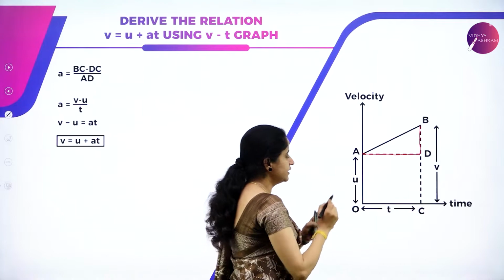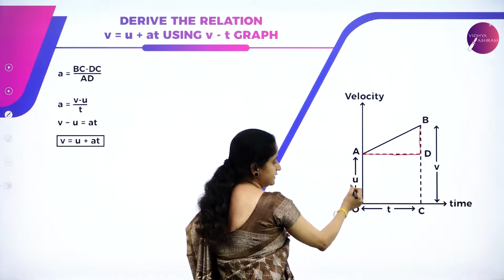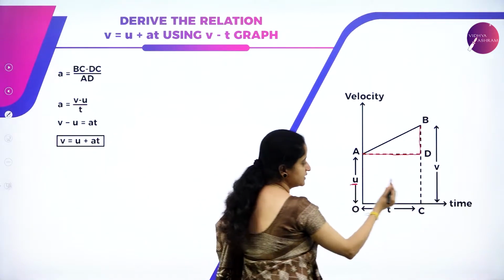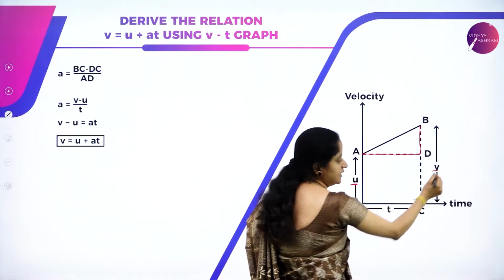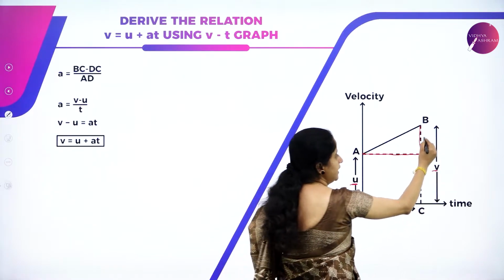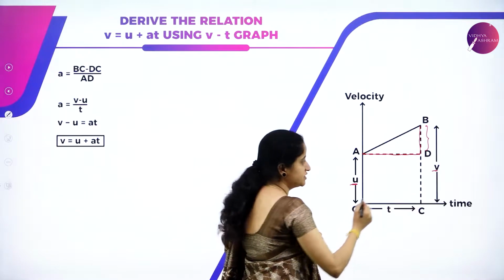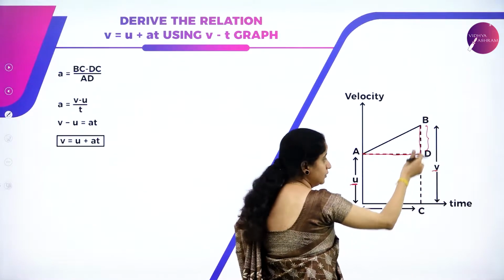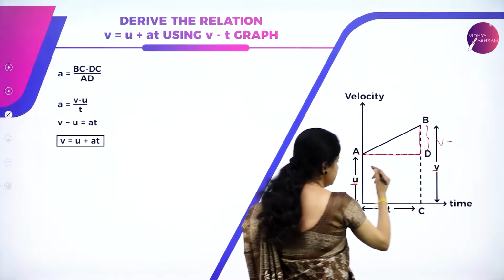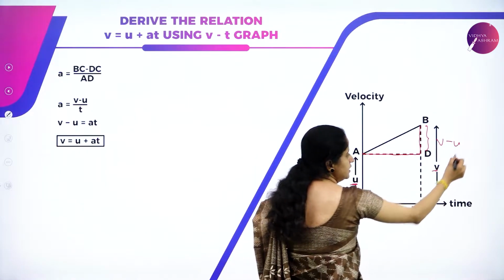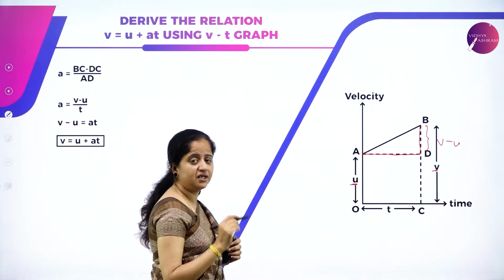According to the convention, OA is nothing but U, that is initial velocity, and BC is V, that is final velocity. Now I need only BD, which means this length is equal to V minus this length, that is U. So acceleration is nothing but slope.